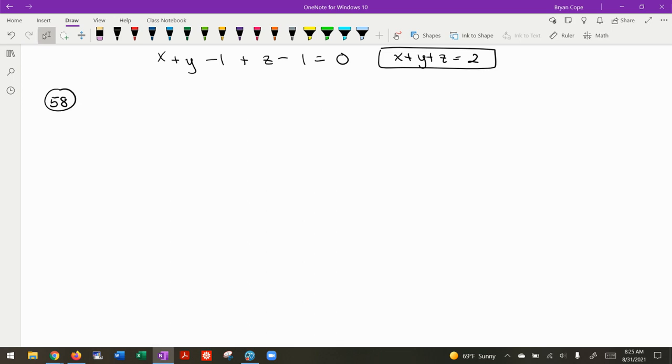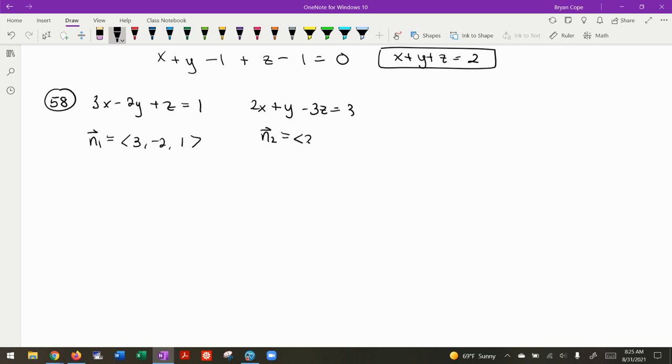Okay, so find parametric equations for the line of intersection of the planes 3x minus 2y plus z equals 1, and 2x plus y minus 3z equals 3. So we talked about this in class, and one way to find the direction vector for the line is to take the cross product of the two normal vectors. So the first normal vector is 3, negative 2, 1, and the second normal vector is 2, 1, negative 3.